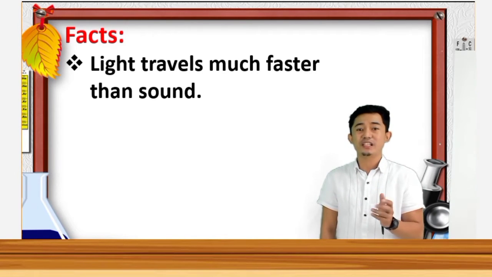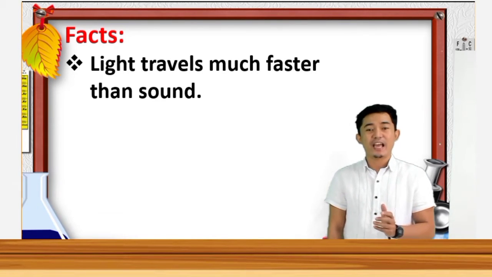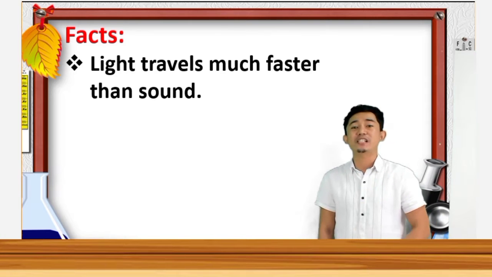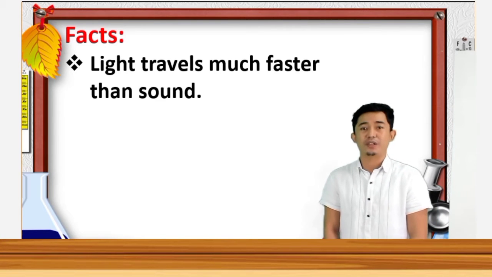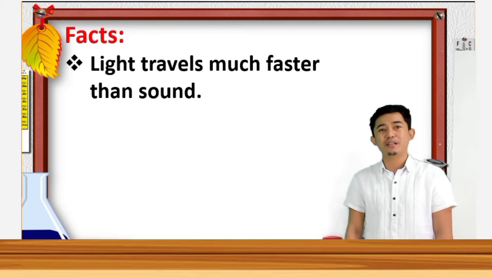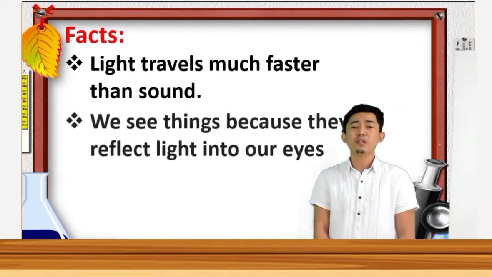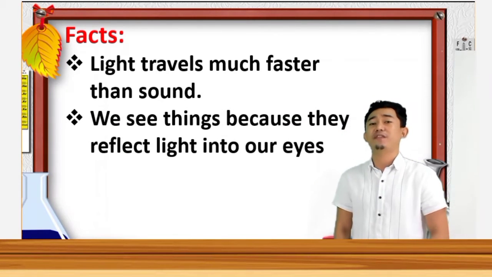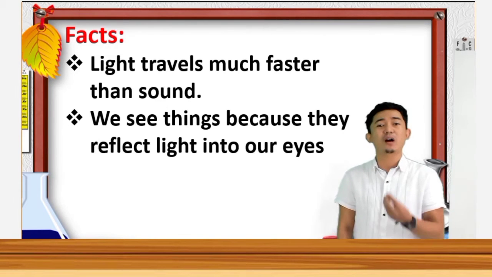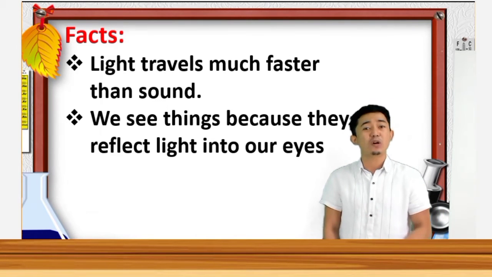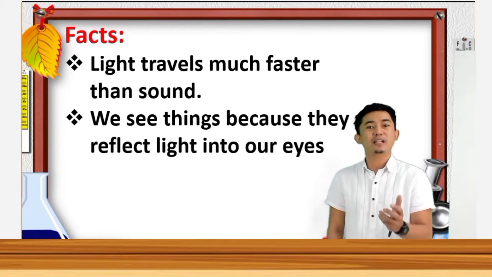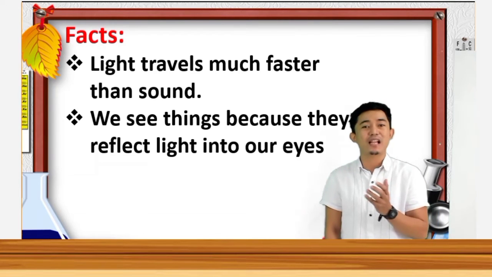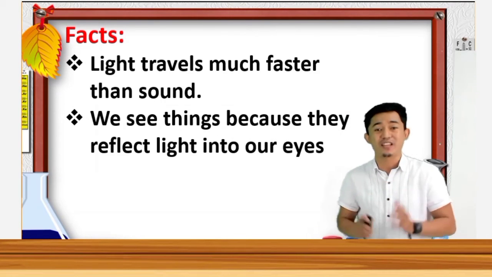You see the light in the lightning, and after that you hear the sound from thunder. Next, we see things because they reflect light into our eyes. It is because of the light that we can see things. Without light, we cannot see things, class.